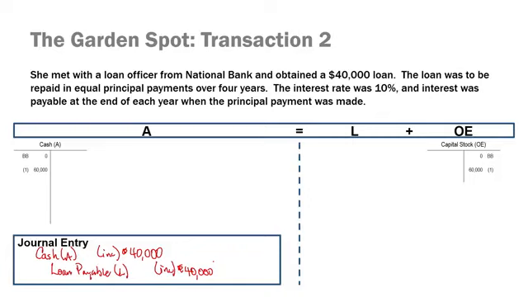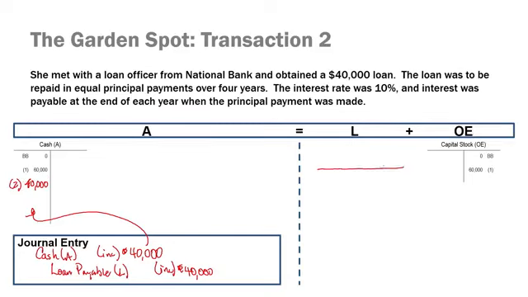Let's post this to the respective T accounts. The left side entry will post to the left side of the cash T account, which you see already has transaction 1 posted into it. So we will add transaction 2 to the left side of the cash T account. And we need to create a loan payable account because we haven't used one yet.